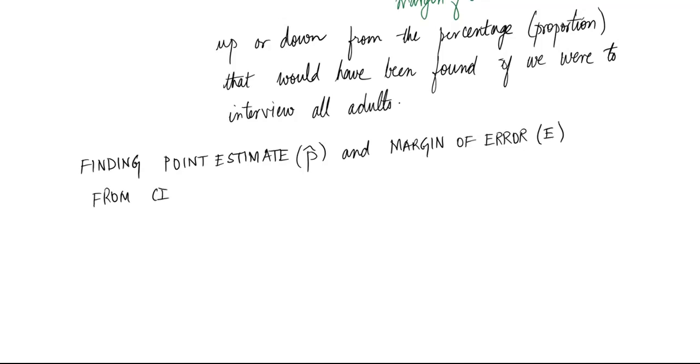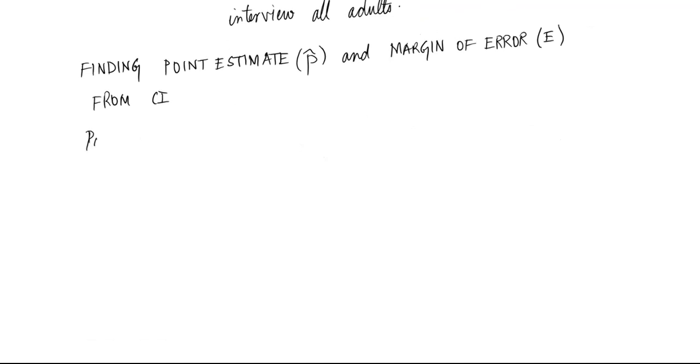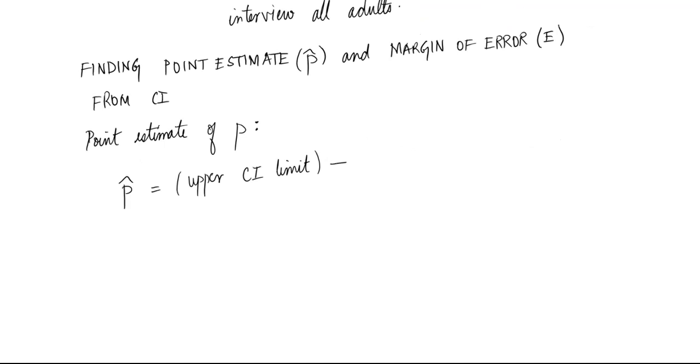So here's the formula. Let's write the formula first, okay? Point estimate of P, P hat, can be found by doing the upper confidence interval limit plus the lower confidence interval limit.